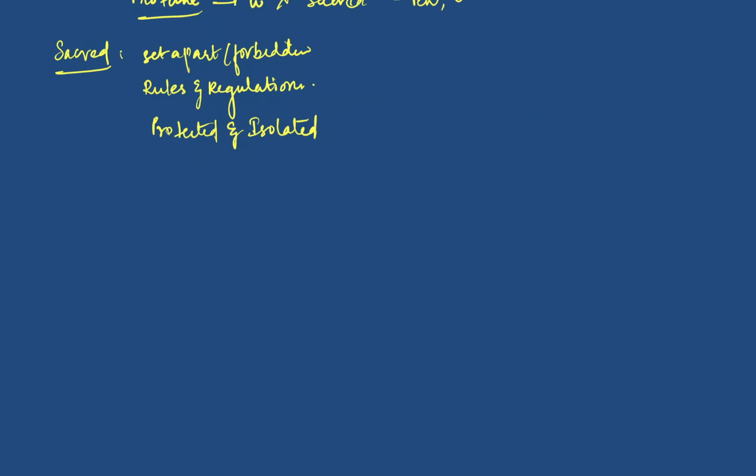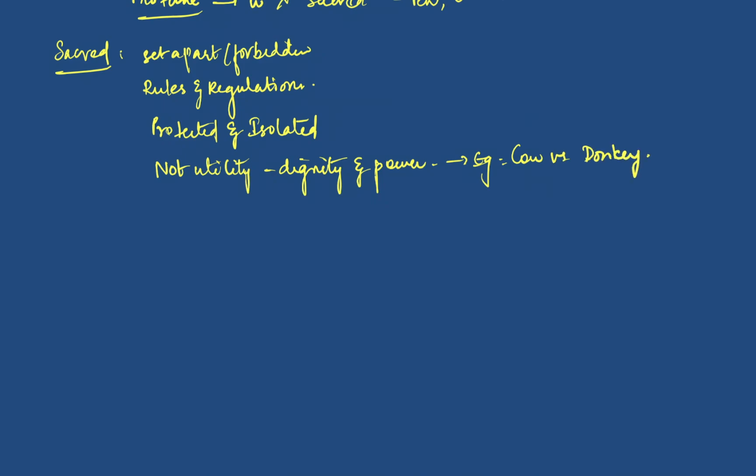And he basically says that it is not based on utility, but rather based on dignity and power. For example, if you see cow versus donkey, which do you think is most useful?